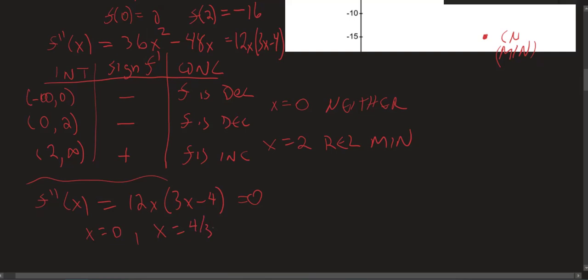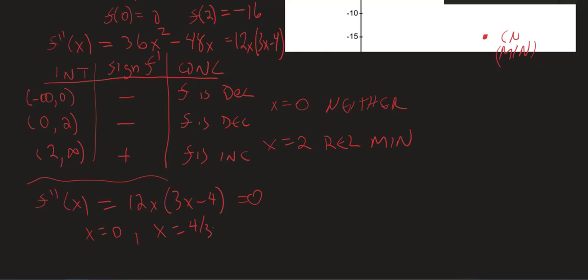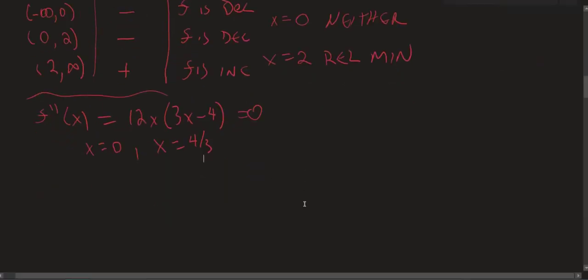So we can use 0 and 4/3 to form the intervals for our test for concavity. So if we do our interval here, the interval negative infinity to 0, then 0 to 4/3, and then 4/3 to infinity.